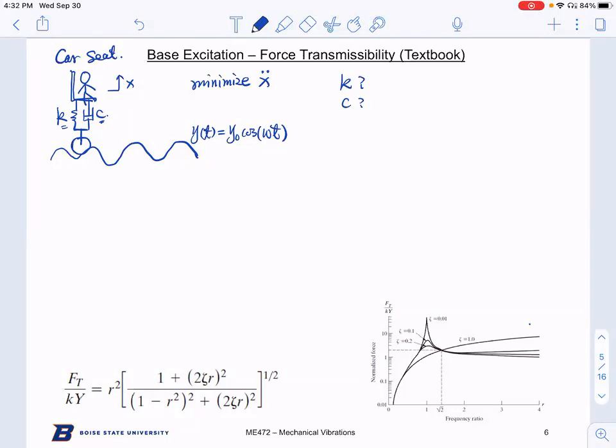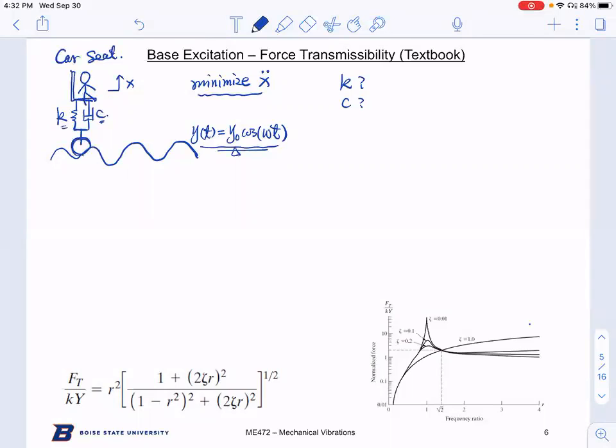Assume there is a car which has a really rigid tire, driving on a really bumpy road, and we assume the road profile is a cosine function with a constant amplitude y0. Our target is to minimize the acceleration experienced by the passenger. In other words, you want the passenger to have a very smooth drive.